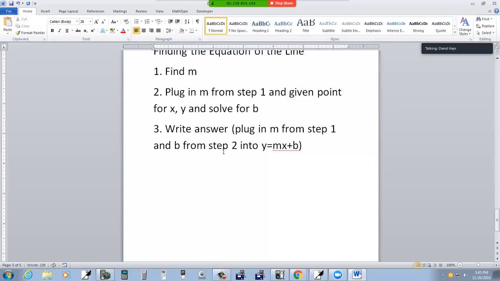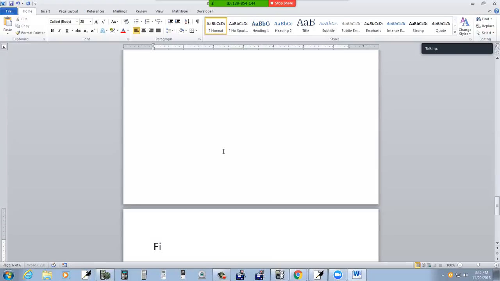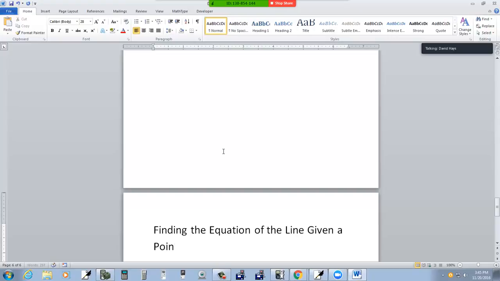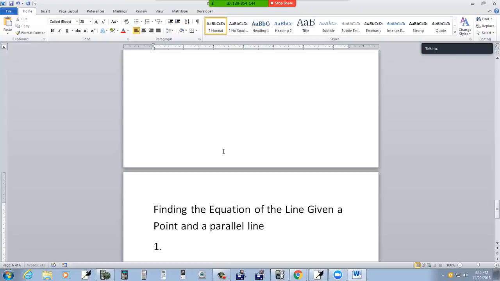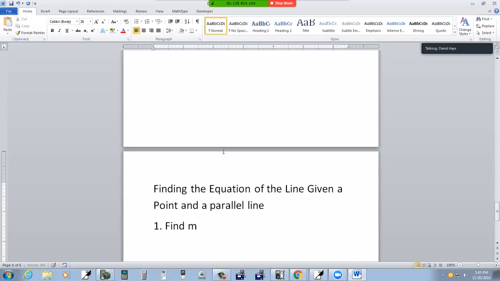So finding the equation of the line given a point and a parallel line. Step 1, find m. First substep within that is to write the given line in slope-intercept form.